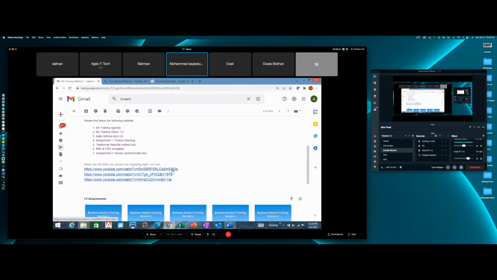All of them. For Access, you don't need Access so much, but if you're doing data analysis, you might want to use Access also. And Word, then Excel, PowerPoint, Visio, MS Project, you need to know all of them.